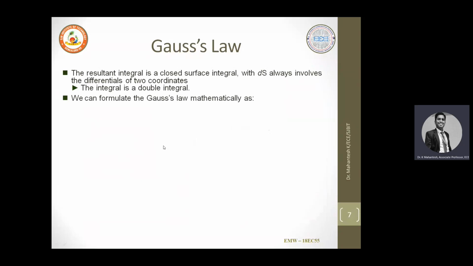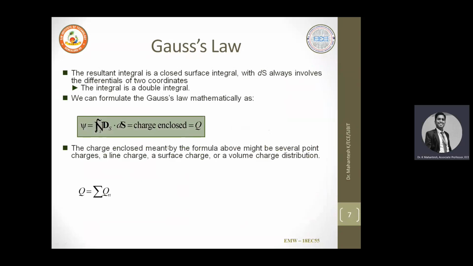The resultant closed surface integral with respect to dS always involves the differentials of two coordinates, so the integral is a double integral. We can formulate Gauss law mathematically as psi equals the closed surface integral of D dot dS, which is equal to the total charge enclosed within the same closed surface.